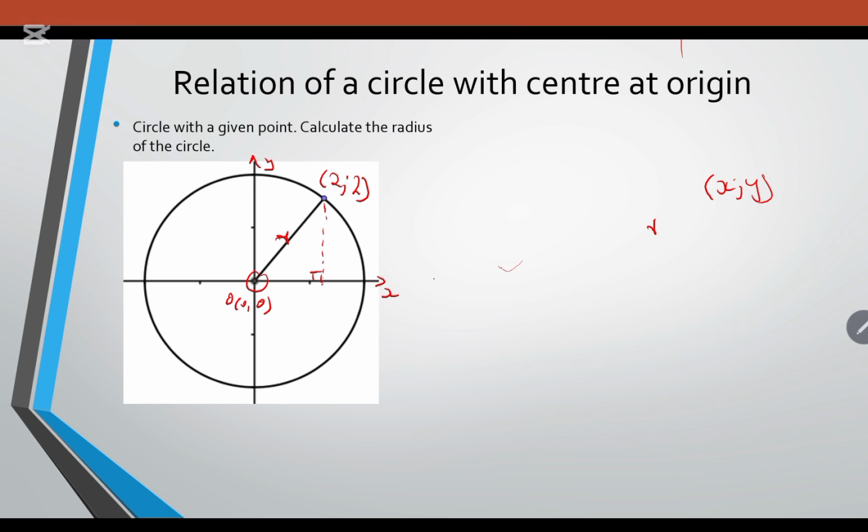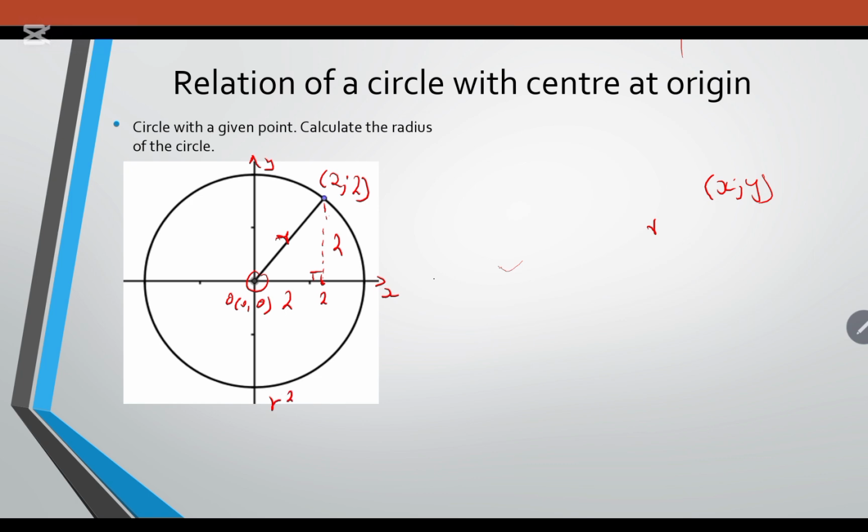At this point, the value of x is 2. So the horizontal distance here is 2 units, and the vertical distance here is also 2 units. And therefore, we can apply Pythagoras in a right-angled triangle to determine the length of the radius.